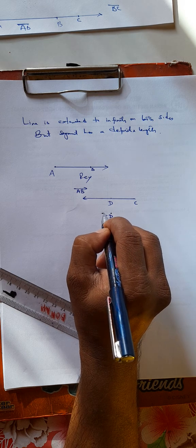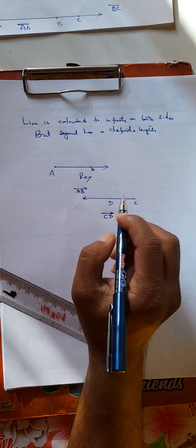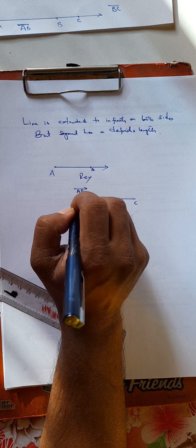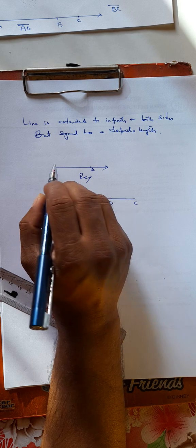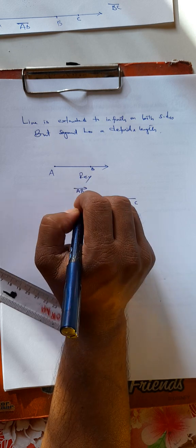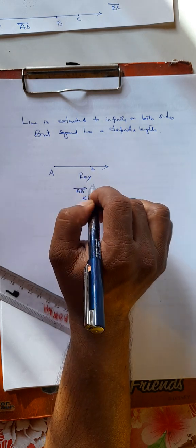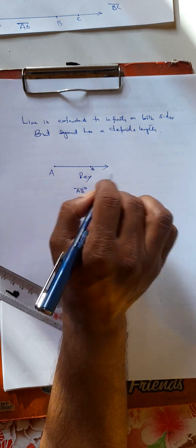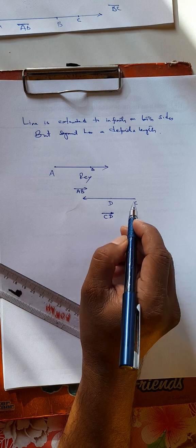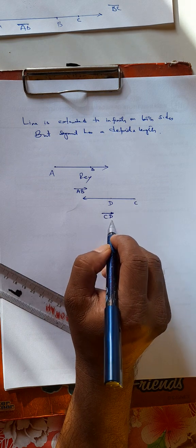It is extended to infinity towards D. This ray is written as AB. A is the starting point, so you should write it first, and B is towards the infinity side, towards which the ray is extended. So B is the second alphabet. Here the ray is starting with C, so the first alphabet is C. We'll write it as CD.